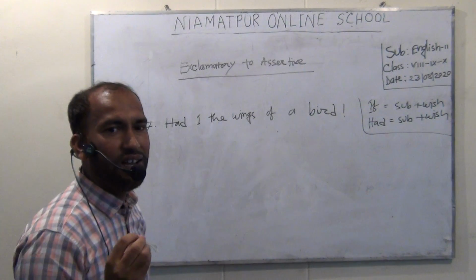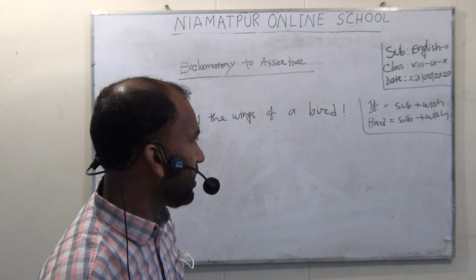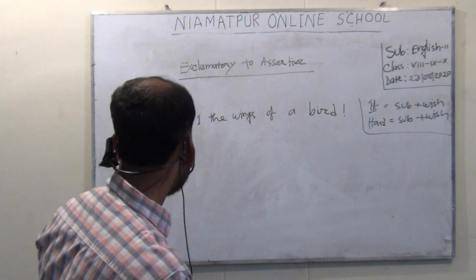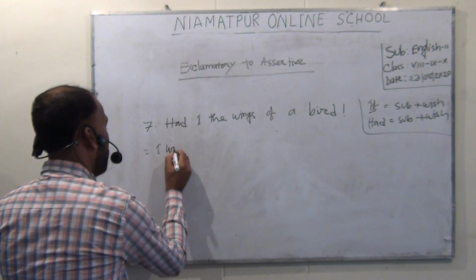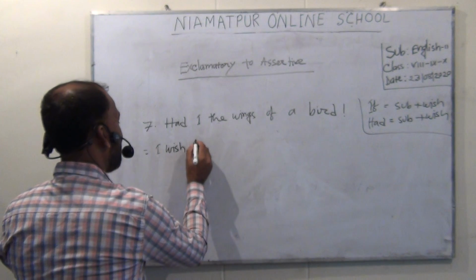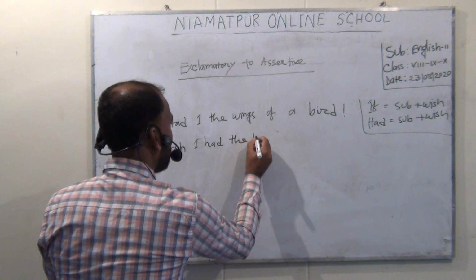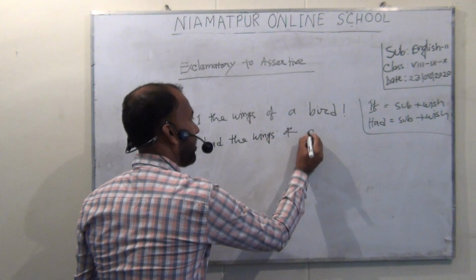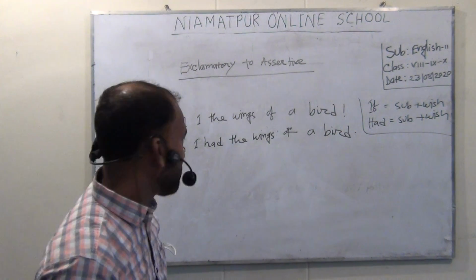But there is a little difference between the two sentences, the if sentence and the had sentence. So now we can use I wish I had the wings of a bird. This is an assertive sentence.